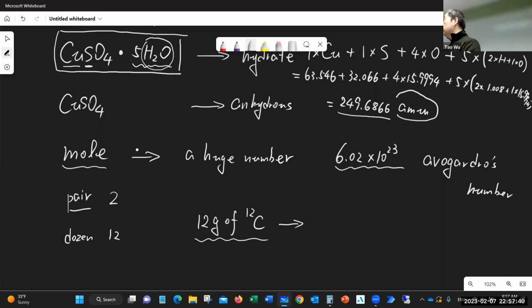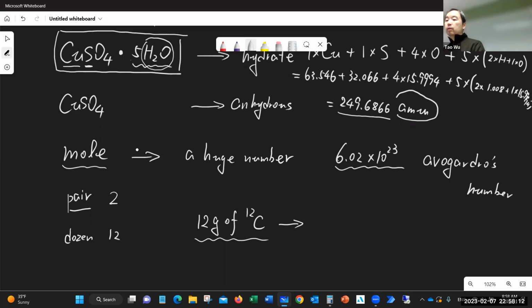So this is a mass, right? But based on their experiments, scientists figured out how many carbon 12 atoms are in 12 grams, and that number is what we call the Avogadro's number, which is 6.02 times 10 to the 23rd.